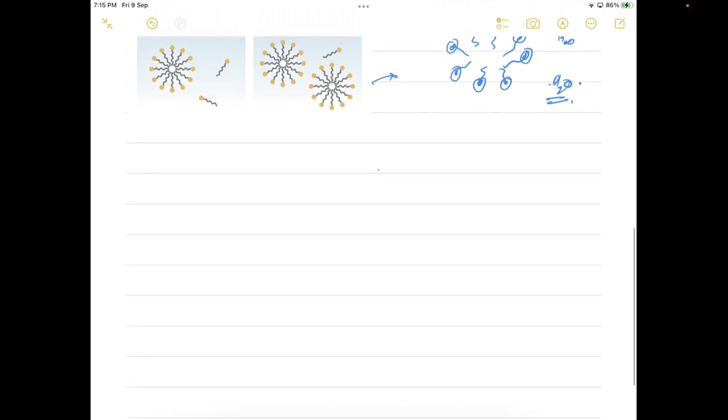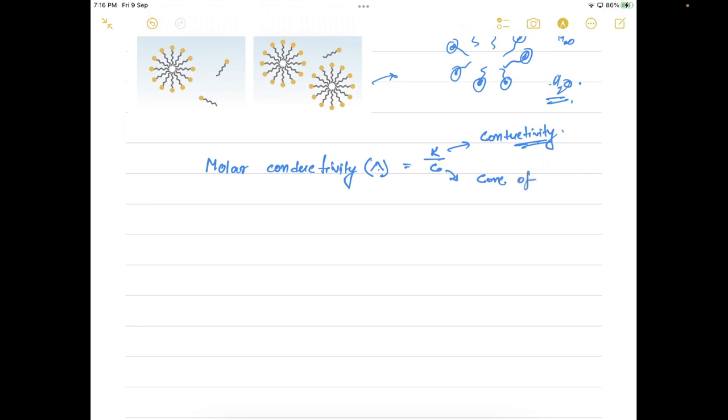Molar conductivity is denoted by capital lambda. Lambda equals kappa divided by C, where kappa is the conductivity of the electrolytic solution, and C is the concentration of the solution in mole per liter.